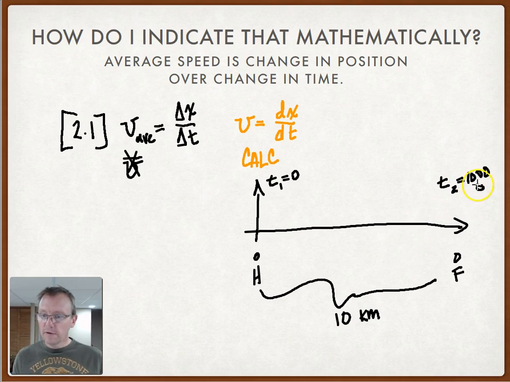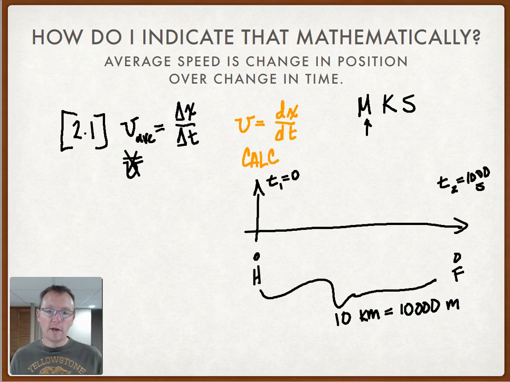And because this is physics and we use the MKS system, we have to remember that we can't use the distance in kilometers. So we could, but we're not going to. So we're going to use it in meters. There's 1,000 meters in a kilometer, so to convert that, I'm just going to make it 10,000 meters.